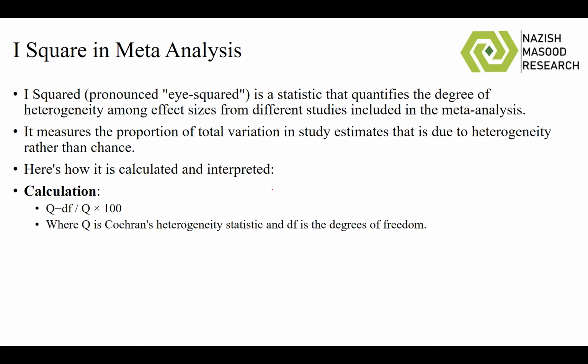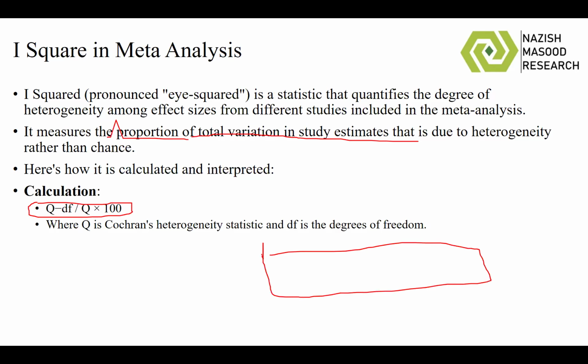On the other hand, what is I square? I square is dependent on Cochrane Q, but what it does is calculate a proportion of the total variation in the study estimates. So think of it like this: if this is the total variation in the overall studies, this is 100%.